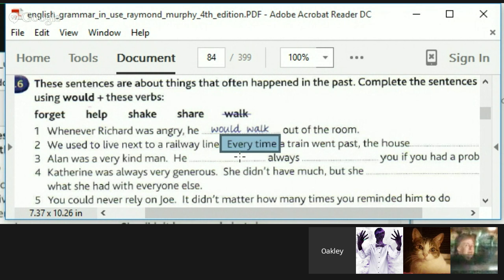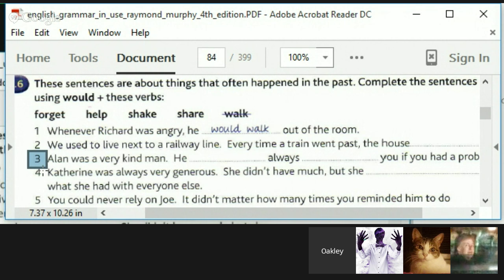Would shake has less possibility: sometimes shake, sometimes not shake. It's making it more hypothetical, imaginary, unrealistic. But really, for the listener, it wouldn't make any difference. You get the gist, the general idea.